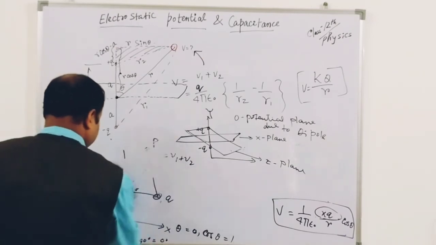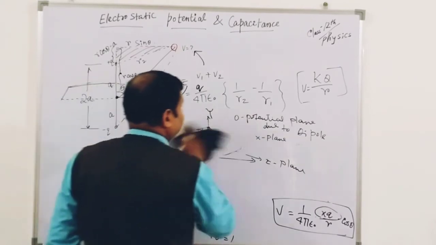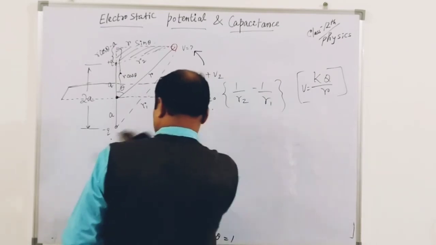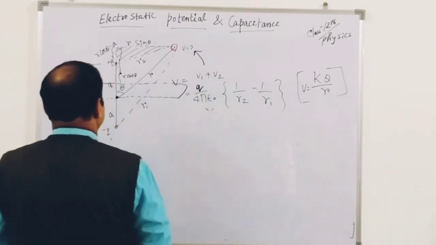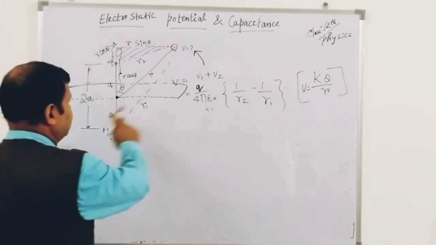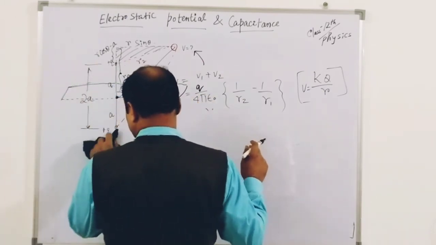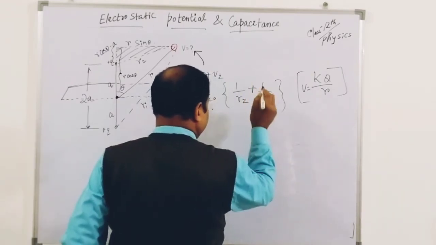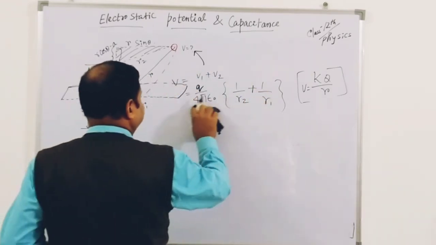In case of two similar charges, what will happen? The potentials will be added. Whether both are positive or both are negative, they will be added.